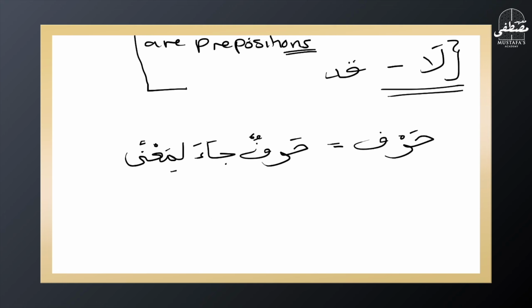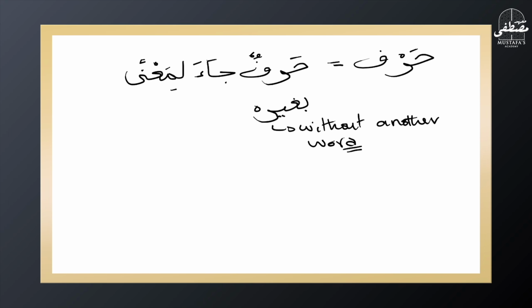Rather than saying حرف جاء لمعنى بغيره, it means it wouldn't be a complete meaning without another word. So let's say the word min can mean of, can mean from, okay?